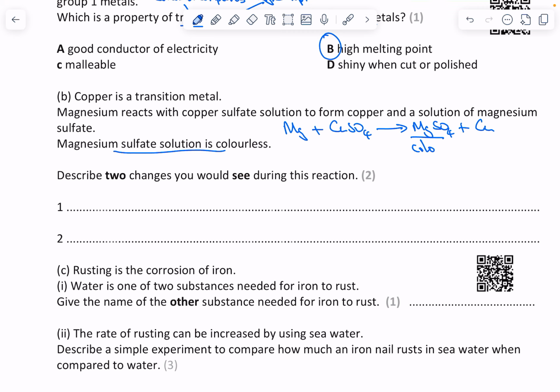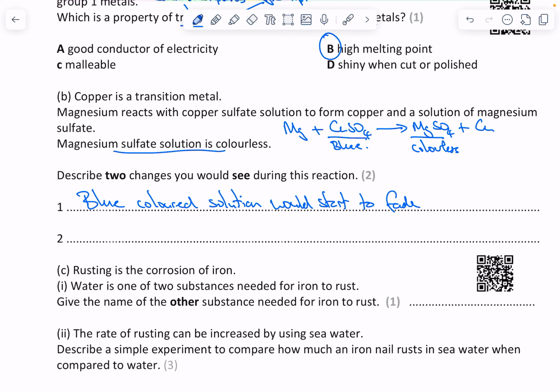So this is colourless. Now hopefully we're starting to remember that this is a blue coloured solution. So what we'd see first of all is the blue coloured solution would start to fade because we're starting to make this colourless solution instead.